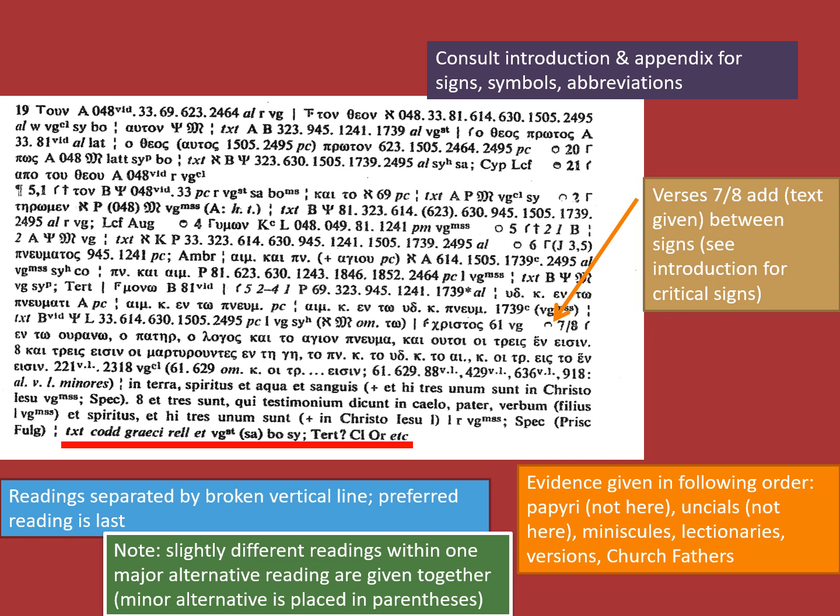You can see the vertical broken line, and then in italics you see TXT, which is text. They always put that in there to tell you, this is the reading that we put in the text of our critical edition. And then comes the evidence. Now, the evidence is presented in the same kind of order as in the UBS text.